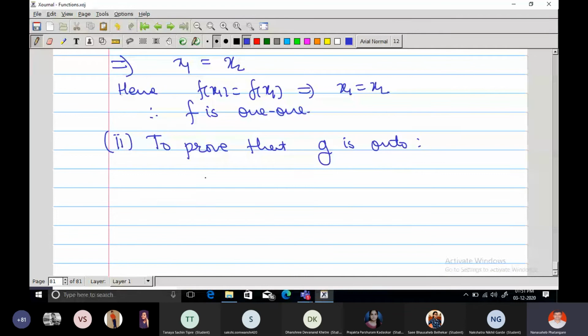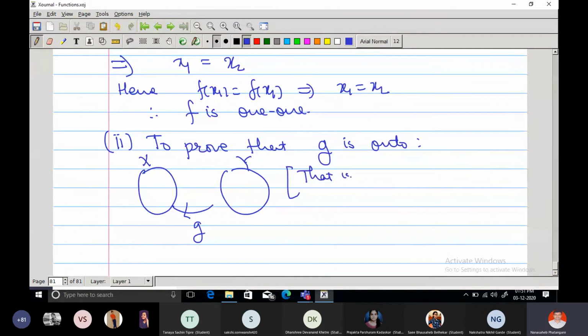That means what we should prove? This is our function g, so that is to prove. What we need to prove here? g is onto means what?